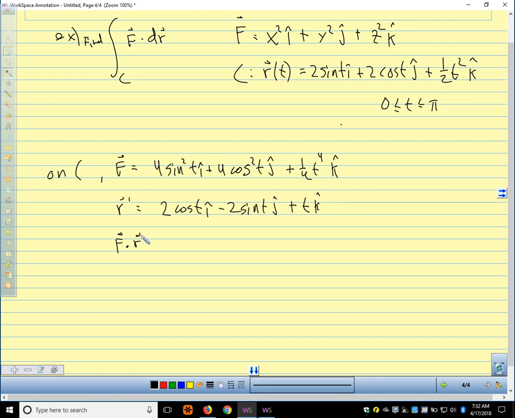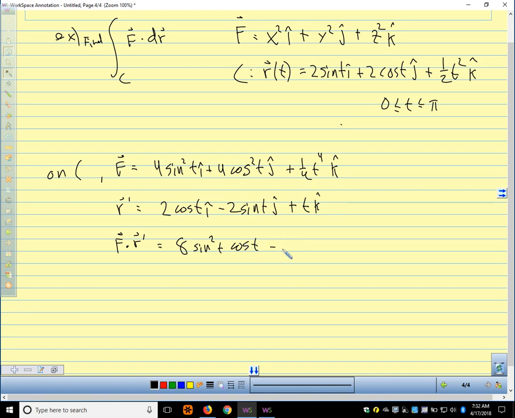And the other thing we've probably seen as we go through this is that what used to be the problem, parameterize this curve and find the derivative of this vector valued function, now just becomes part of something that we do. Finding the dot product of these two things becomes part of what we do for another problem. We get 8 sine squared t cosine t.